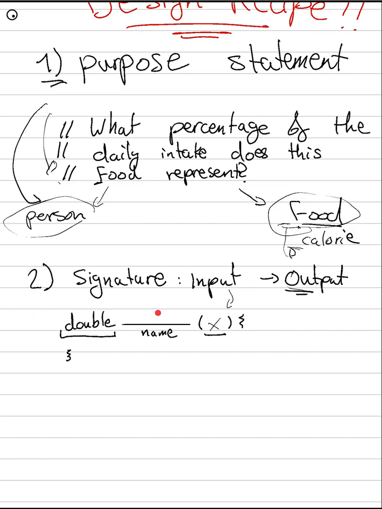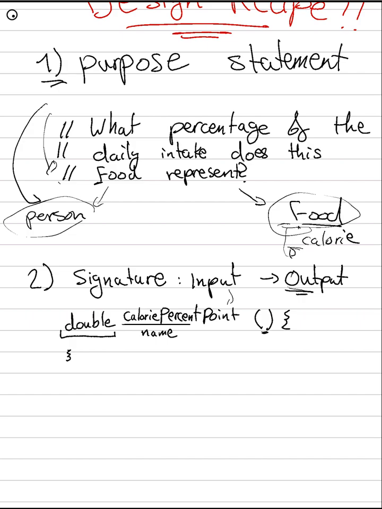And then we need to have the name. So I think a good name would be calorie percent point. There's no input just yet.